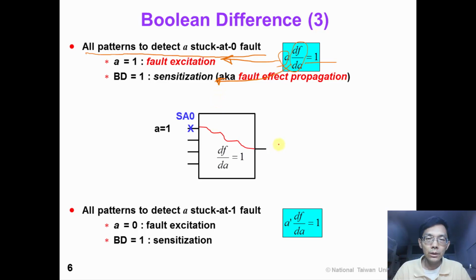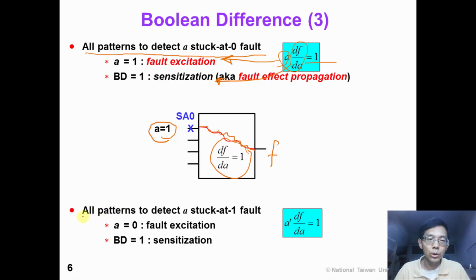Consider the following circuit with output F. To detect input A stuck at 0, we will need to apply test pattern A equal to 1, and we want to sensitize this fault effect to the output, so df over dA is 1.